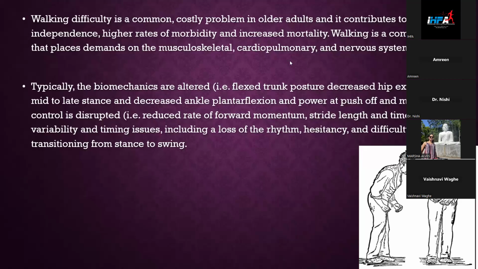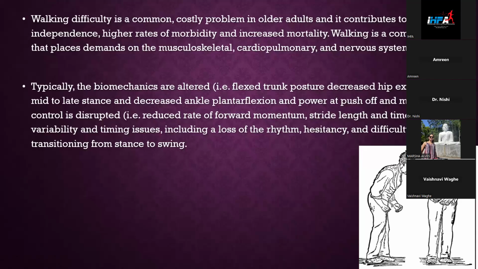It could be any joint pain. Imagine I have a low back pain, and because of it I have a list on the right-hand side. Obviously, I will not be able to shift the weight because the person is in so much pain, and that's why the person comes with an antalgic gait, which is a pain gait. Again, if you remove the pain, the patient will be absolutely all right.